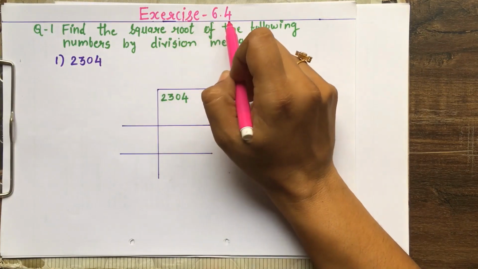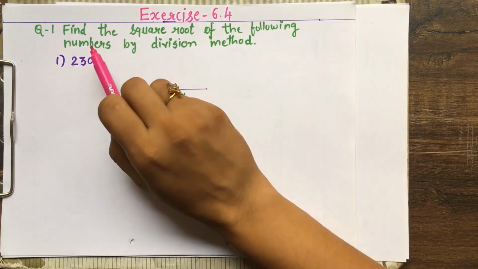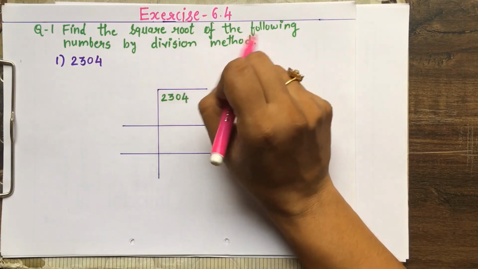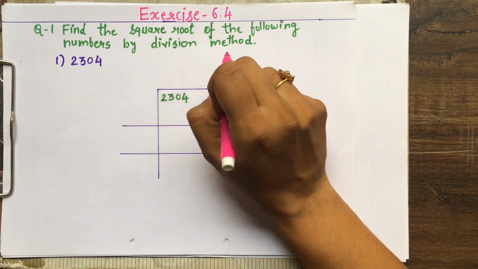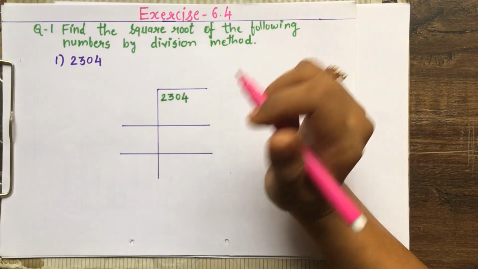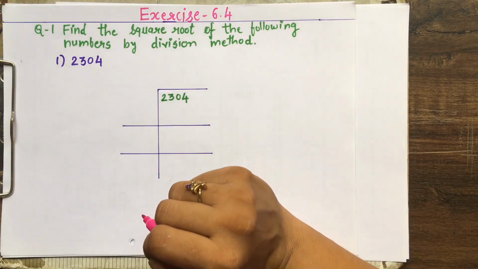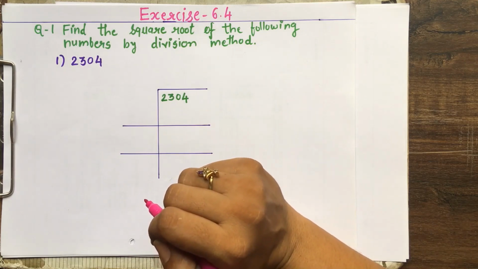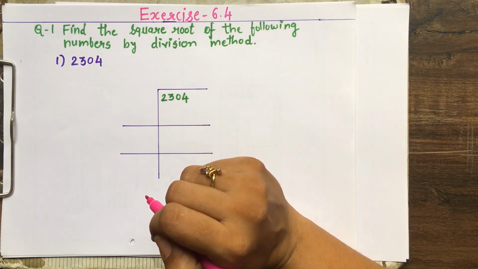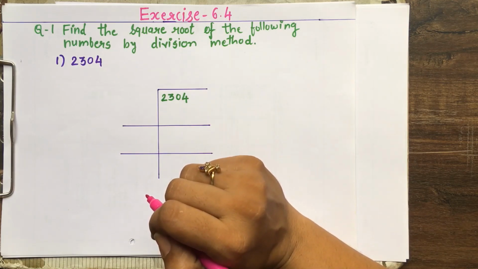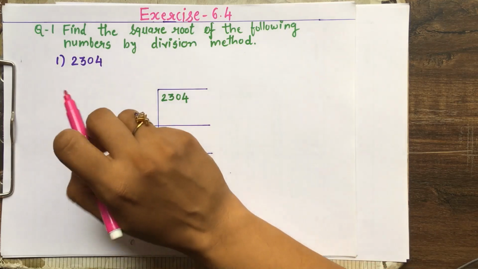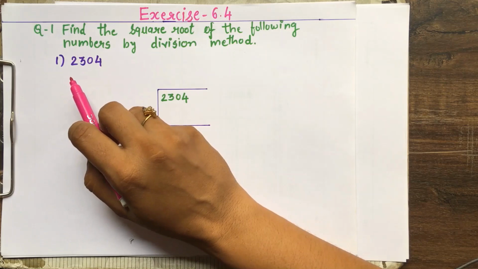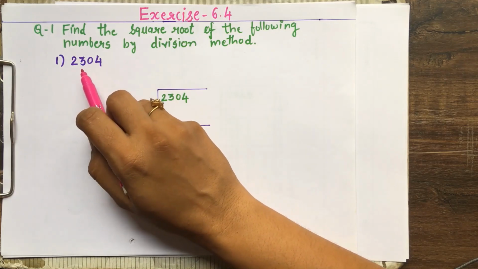Exercise 6.4. Question 1. Find the square root of the following numbers by division method. Students, we have already discussed one method of finding a square root, that is by prime factorization method. This is another method where we can also find the square root by division. So here the first number for which we have to find the square root is 2304.